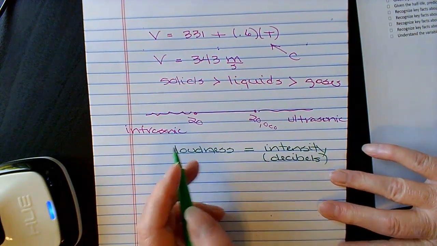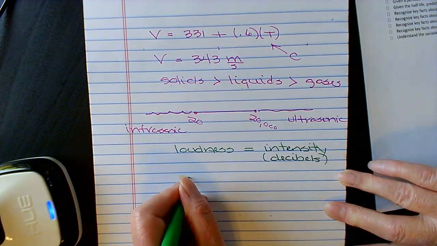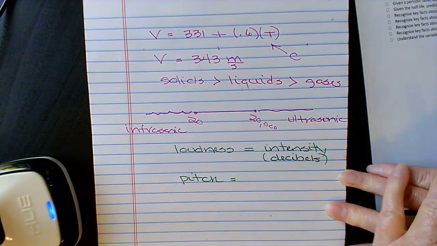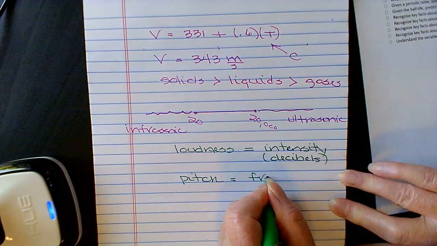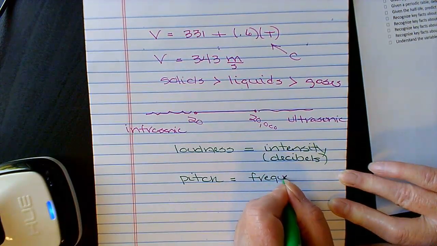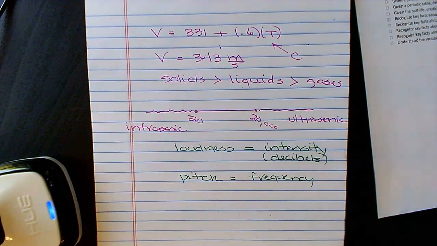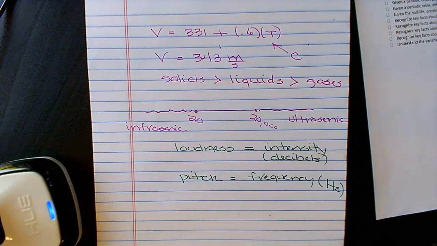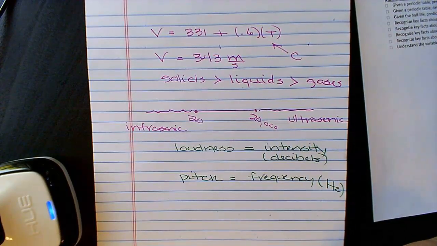We can also talk about if a sound is high-pitched or low-pitched. And we might disagree whether it's high-pitched or low-pitched, but we can turn it into a number by talking about its frequency, like we did up here. And so frequency is measured in hertz. And frequencies also correspond to musical notes.